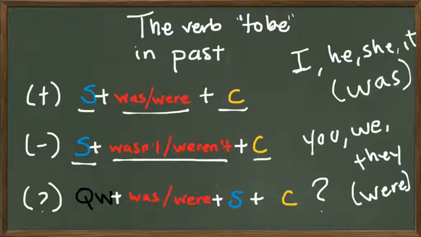In the question, if it's a yes/no question, we have was or were, our subject, and our complement. And if it's an information question, we're going to insert a question word, such as where, what, how, when, etc.